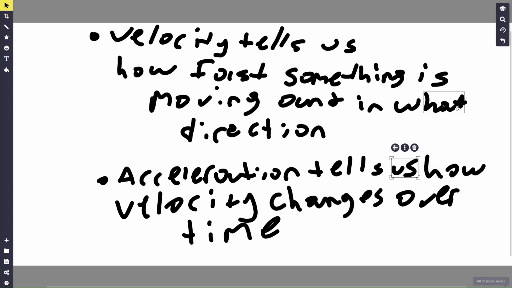So velocity tells us how fast something is moving and in what direction, while acceleration tells us how fast velocity changes over time.